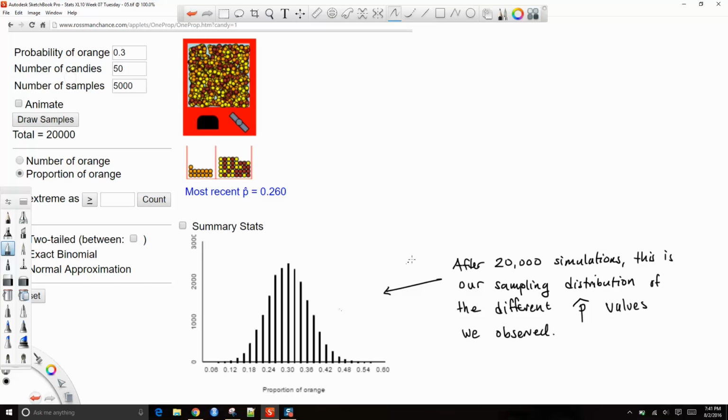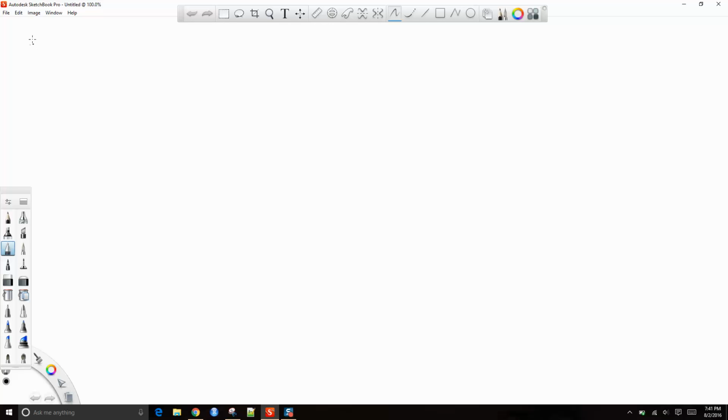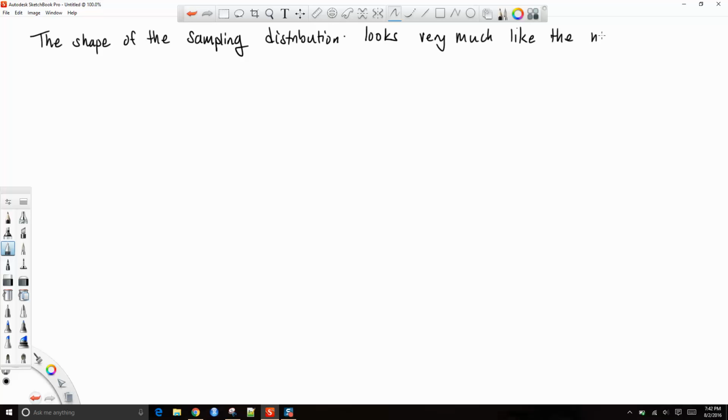What we see is that the shape of the sampling distribution looks very much like the normal distribution.